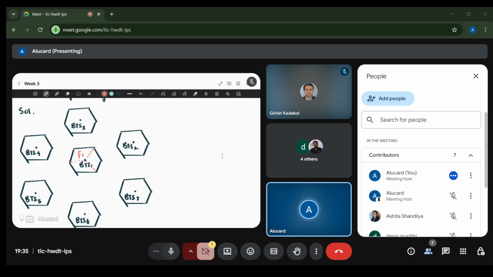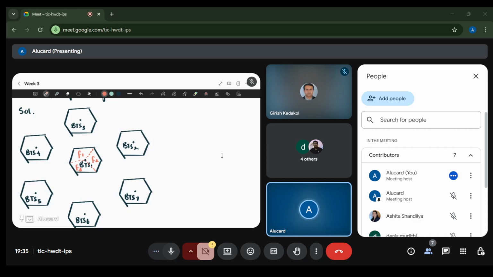To serve users in this part, I'll use F2 band, and in this part, I'll use F3. So instead of an omnidirectional antenna, which is radiating in all directions, you can use directional antennas and you can transmit at different frequencies in different sectors.